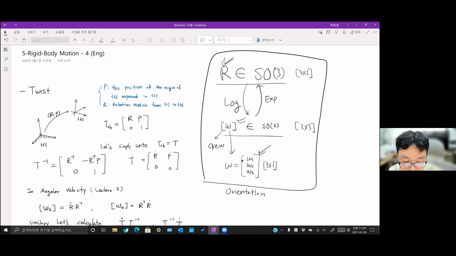The reason we have these three forms is that when we calculate kinematics or dynamics, sometimes we need this form, sometimes that form, so we should convert between these forms.